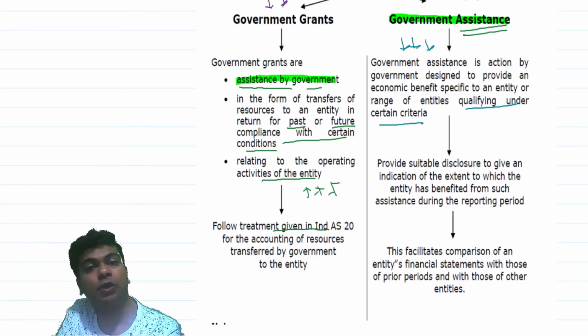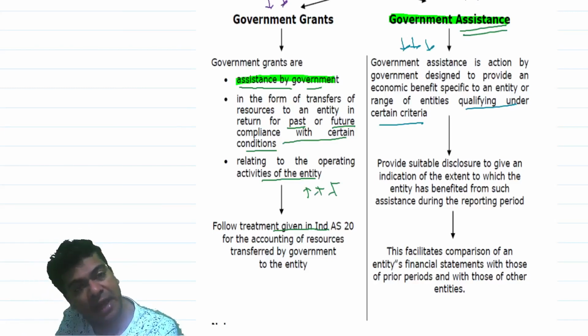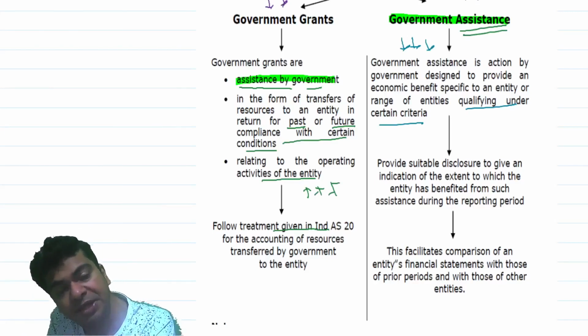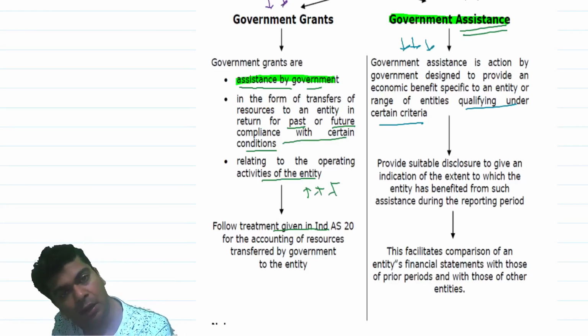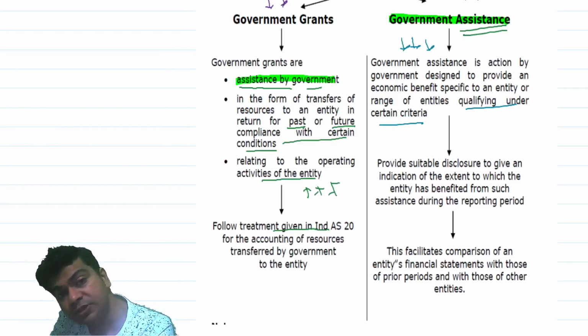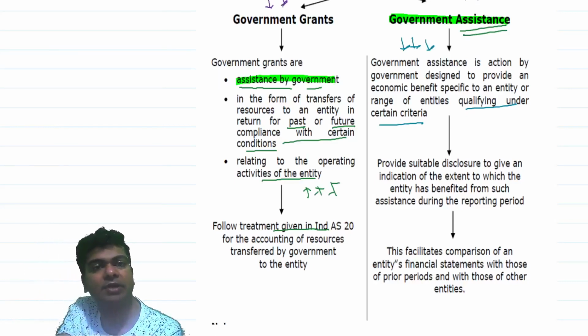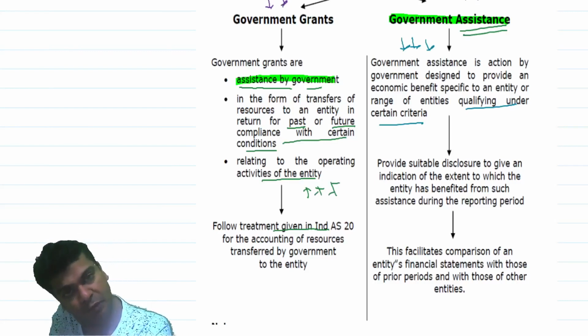Indigenously manufactured toys are not being purchased because the ultimate selling price of those toys is higher, while China is able to manage it because they are in a position to sell the same toy at a lower rate. What the government does, it all of a sudden announces a higher custom duty on toys which are imported from China. This increases the selling price of those toys, and that is how it is trying to protect the Indian toy manufacturers. This is also one kind of assistance that you are getting from the government.